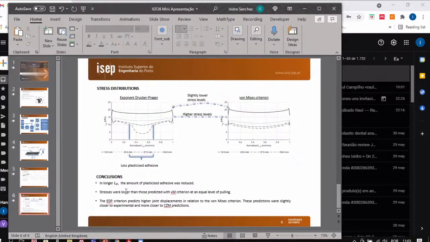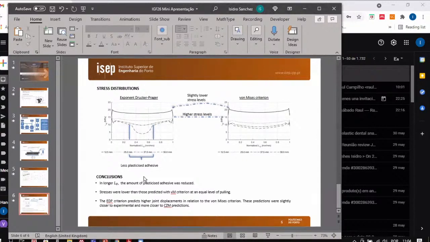In conclusion, as we increase the overlap length with this criteria, we find that the adhesive layer is not plasticizing, therefore it can sustain more load. There is a direct change in the stress distribution because of the yield criteria.